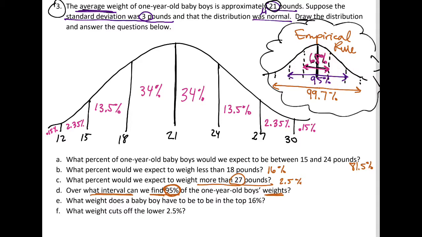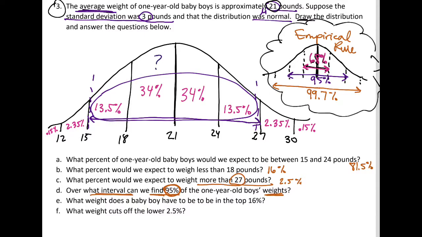So let's see if that happens. If we go over 2 this way and 2 this way and use those lines as our cutoffs, do these add up to 95%? If you use your calculator and add up those 4, you will see that those add up to 95%.